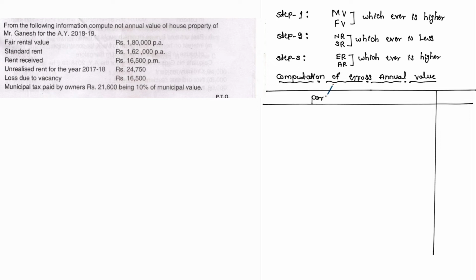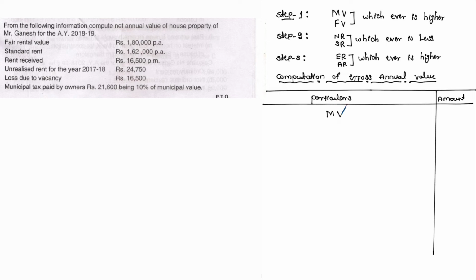Particulars, amount. So according to the format, step number 1: municipal value or fair value, whichever is higher.